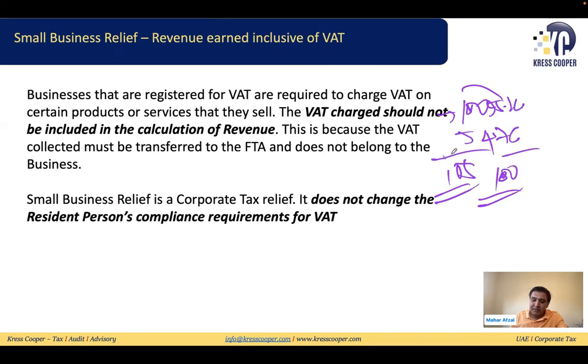So either 100 VAT inclusive value or VAT plus 5%, whatever the output tax, this output tax shall not be considered as a part of the gross revenue, because this is a government obligation towards the business. The business needs to submit this amount to the government. This is not business income. This is an obligation. This is the current liability of the business, and the business needs to submit this output tax amount to the government. So it will not be considered as a part of the gross revenue.